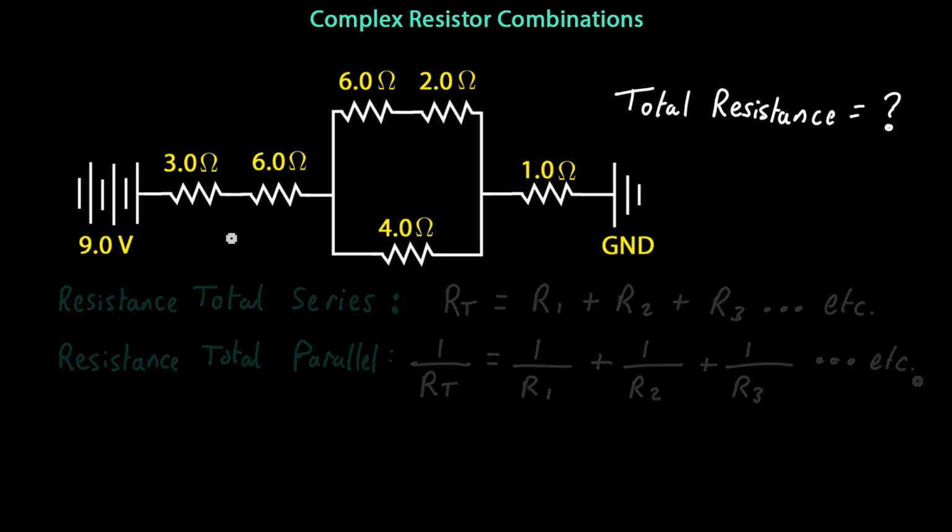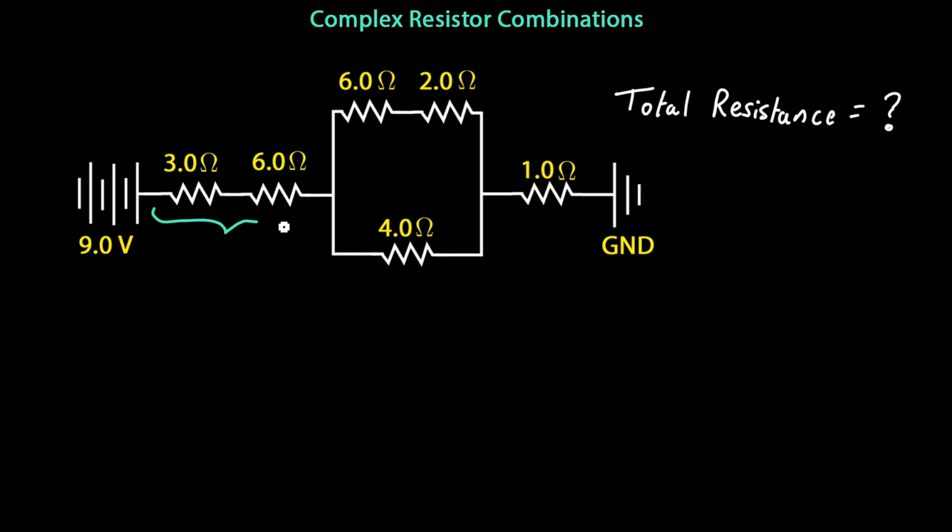On the left-hand side, we have a 3 ohm resistor and a 6 ohm resistor in series, which I've labelled Group A. We also have a 6 ohm resistor and a 2 ohm resistor attached in series at the top here, which I've labelled B. We can use our formula for resistors in series to find their equivalent resistances and then redraw our complex circuit with these new resistance values. And this is the first step in simplifying this complex circuit.